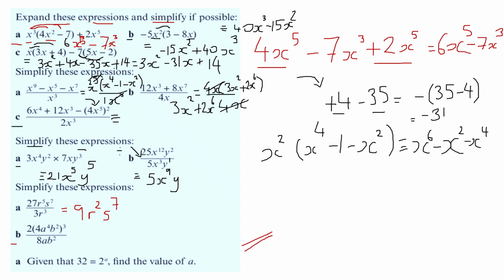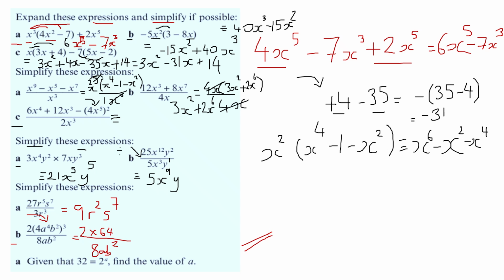Next up, we've got two brackets, 4a to the 4, b squared, all cubed, divided by 8ab squared. So let's leave the denominator the same and write here the numerator. I've got a bracket here, so use our indices rules. We are cubing everything, so 2 cubed, and 4 cubed is 4 times 4 times 4, which is 64.